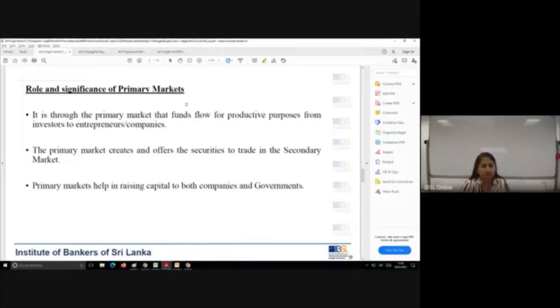The primary market is important because it is the main market, the first market in which the fund flow towards a productive purpose is happening. It's in a primary market that a security is issued, then the money goes to the issuing company. That issuing company can invest in a factory, new products and whatnot. That transfer happens only in a primary market.